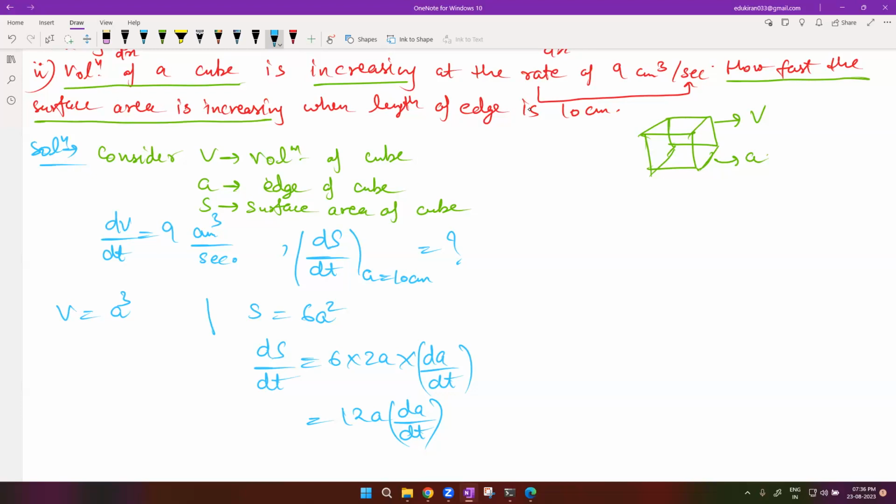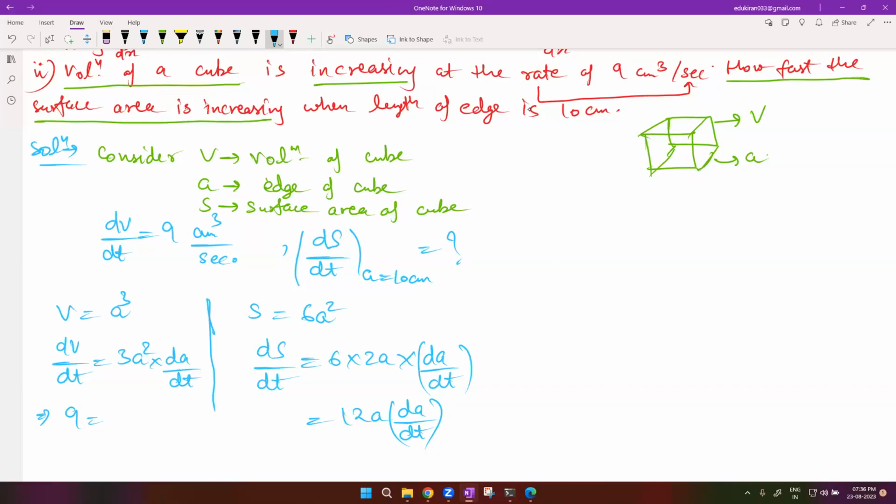Use this information: V equals A cube and dV by dt equals 9 centimeter cube per second to find out dA by dt. For that, we differentiate this equation, which gives dV by dt equals 3A square into dA by dt. We have dV by dt, which is 9 centimeter cube per second. We have A, which is 10.